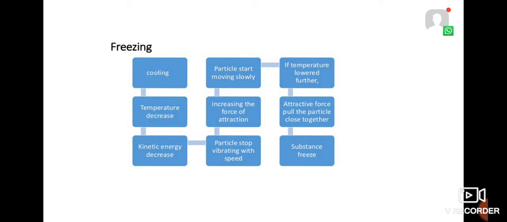Now this will increase the force of attraction. When the force of attraction increases, the particles will start moving slowly. As they start moving slowly, space is going to be reduced, force of attraction will increase, and the substance will freeze. The temperature at which freezing takes place is called the freezing point of that particular substance.